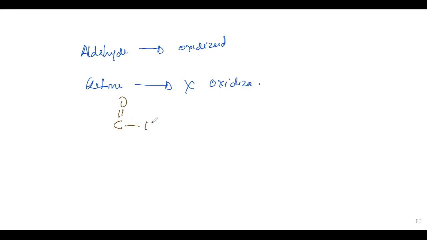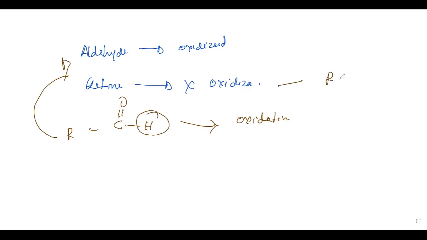There should be a hydrogen for further oxidation. The aldehyde has that hydrogen, but the ketone has only two alkyl groups, there is no hydrogen. It's not possible to oxidize using these oxidizing reagents.